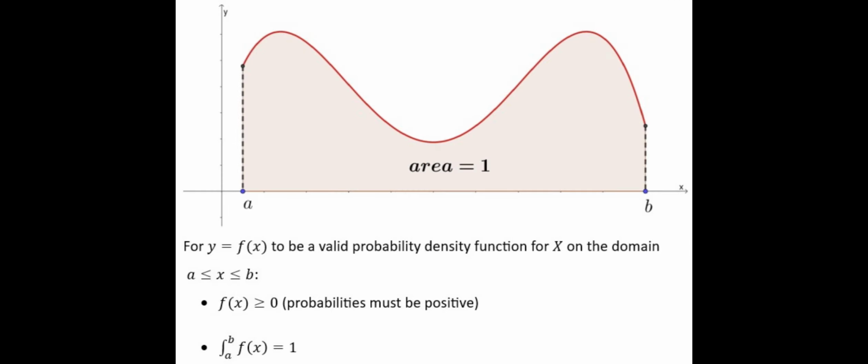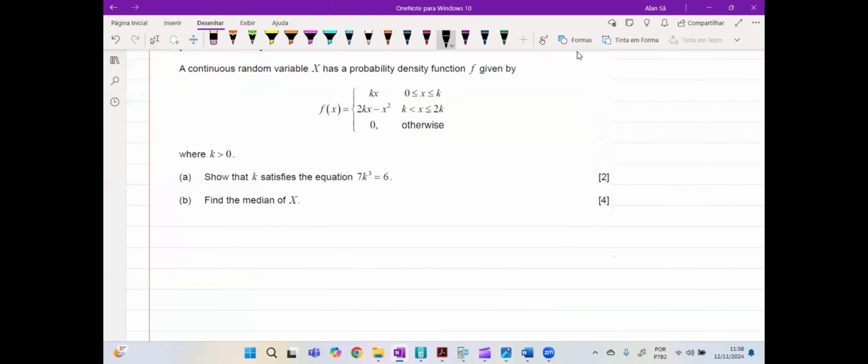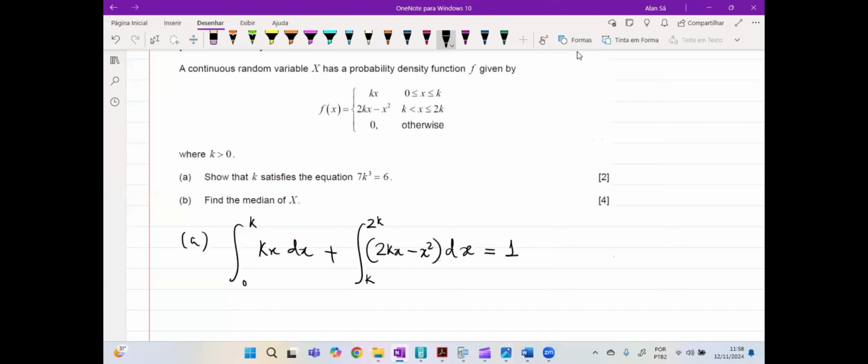Here, we need to use the fact that the area under the curve must be equal to 1. So the integral of the function needs to be equal to 1 in the interval being considered. We write that the integral from 0 to k of kx dx plus the integral from k to 2k of 2kx minus x squared dx needs to be equal to 1.